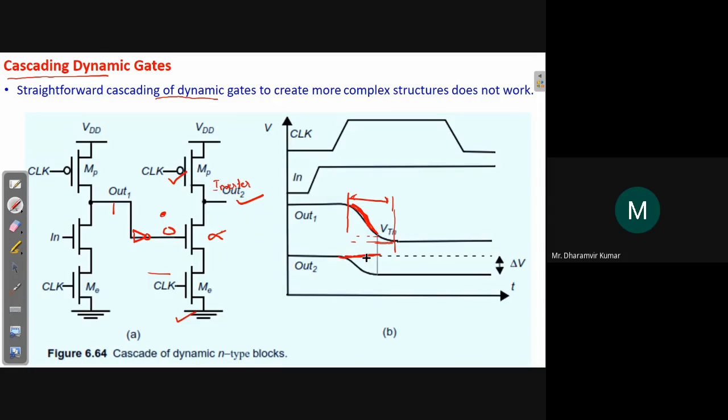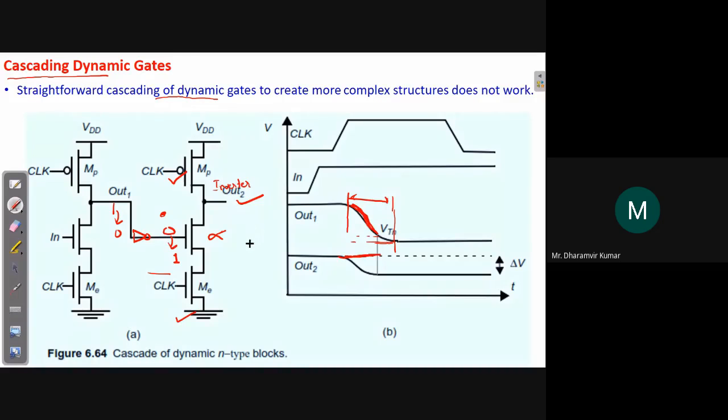Okay, and when it goes below VT, below the threshold voltage mark for the NMOS transistor, this can be treated as a 0. So when the output becomes 1 to 0, this will become 0 to 1, and whatever logic was there would be available here.